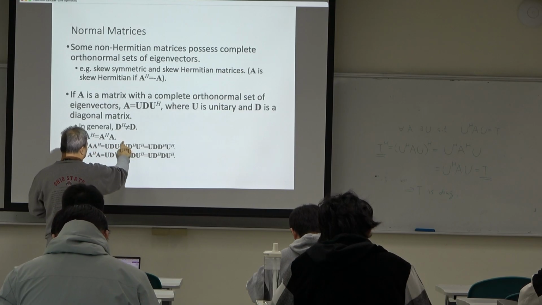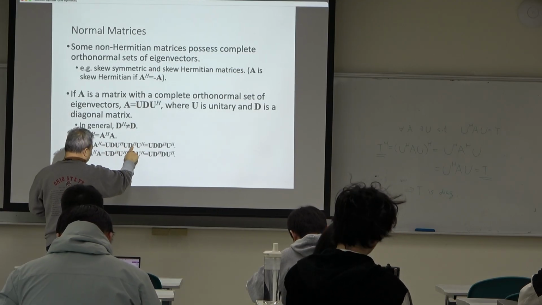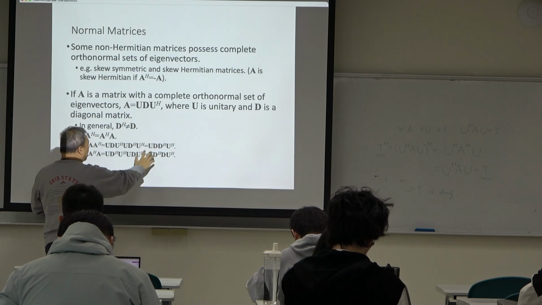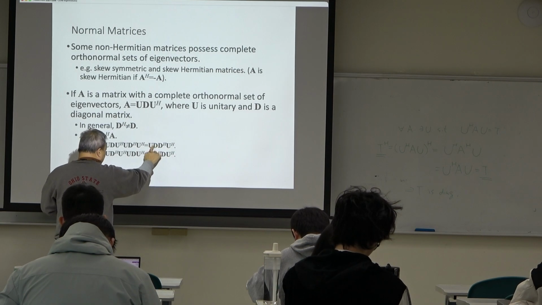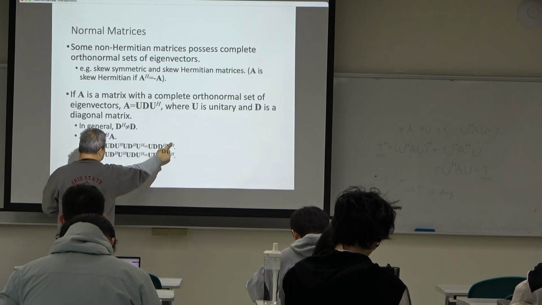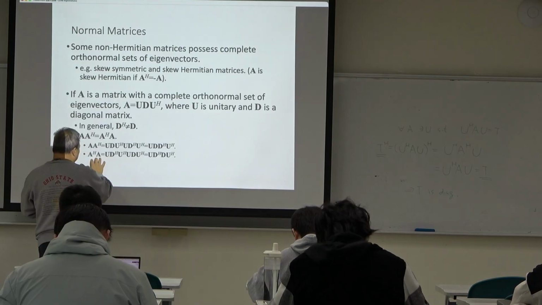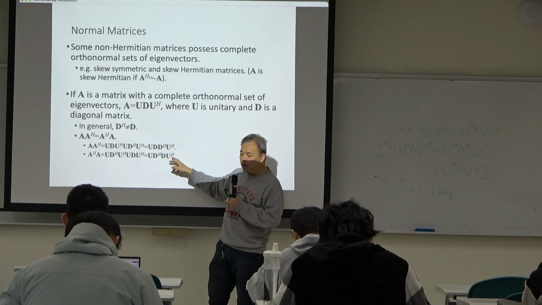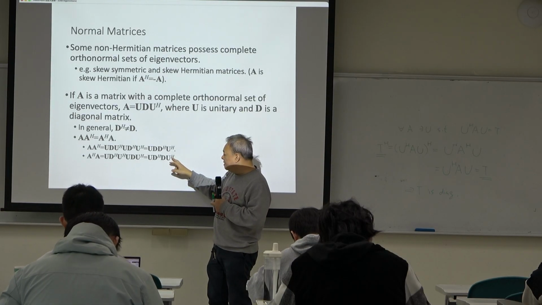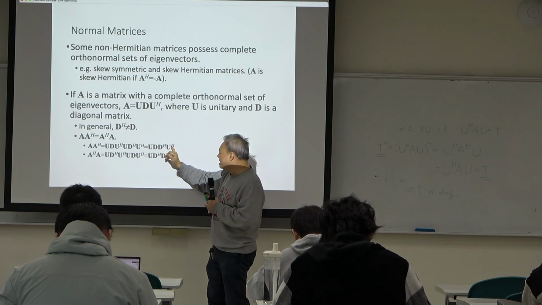These two cancel out each other, so it becomes UDD^HU^H. And then A^HA is similar: it will become UD^HDU^H. The left part is the same, the right part is the same.